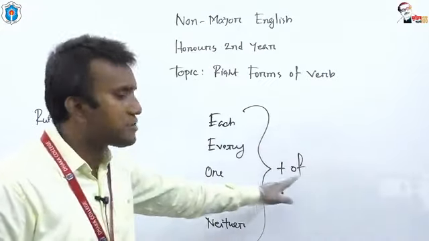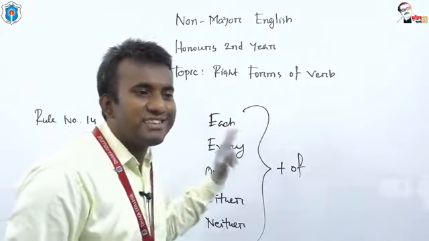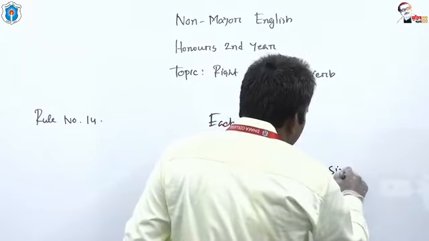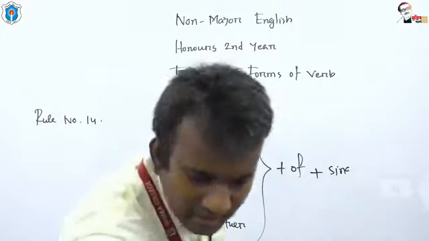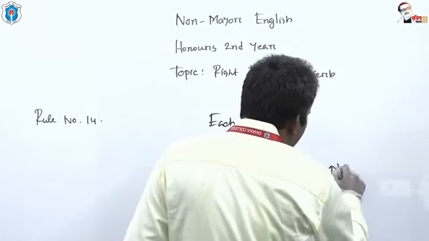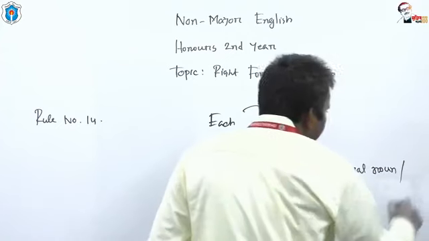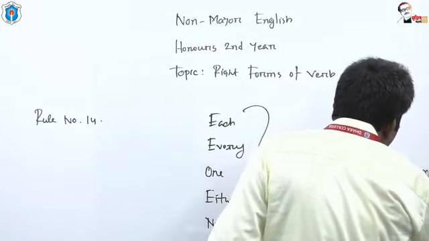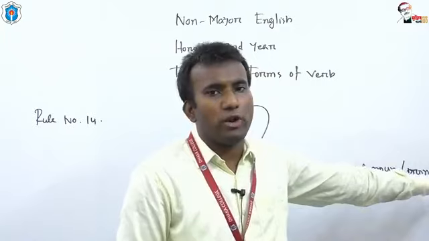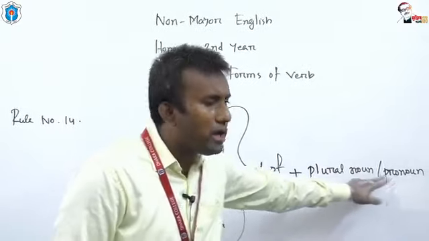If you get any use of after these distributive pronouns, definitely the following noun and pronoun will be plural. That's why I have written plural noun or pronoun. Is it clear to you? After each of, every of, one of, either of, neither of, the noun and pronoun will be plural.